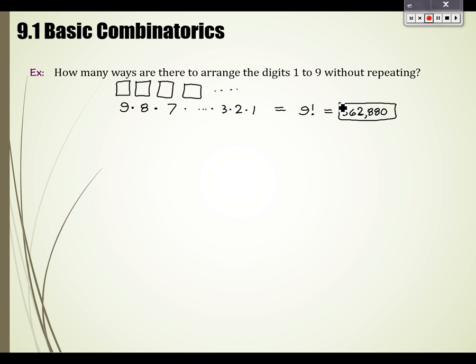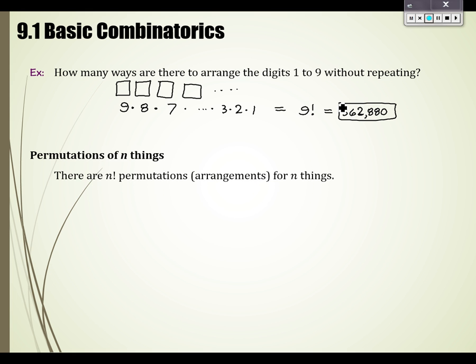So in general, if you're arranging n objects of any kind, whether they're numbers or people in a line, then the number of permutations of those objects is n factorial.